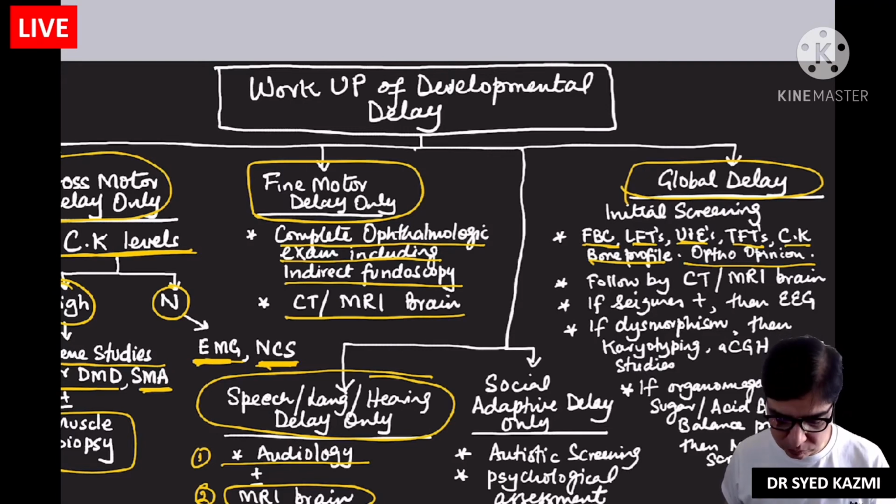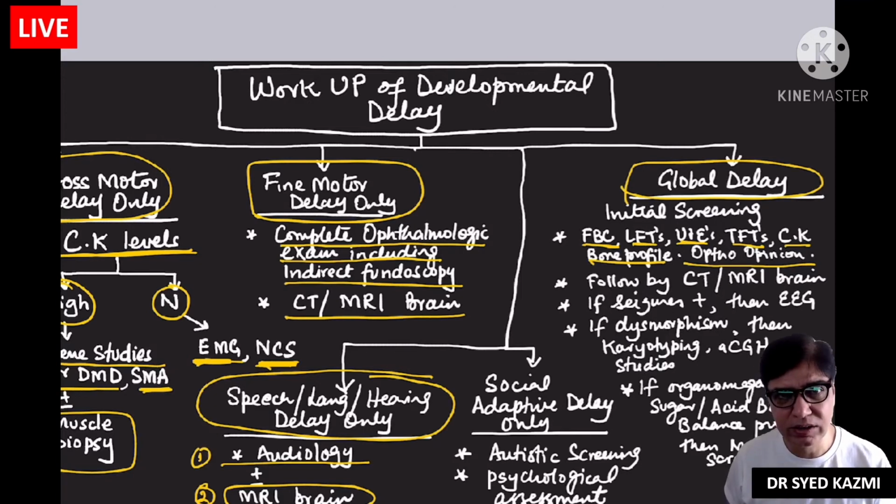So you do a full blood count to see if there is any recent infection which might be responsible. Liver function tests: in certain diseases which cause global developmental delay, there is usually liver involvement as well, so deranged liver function tests can also give you an idea. Thyroid function tests are good to pick up hypothyroidism.